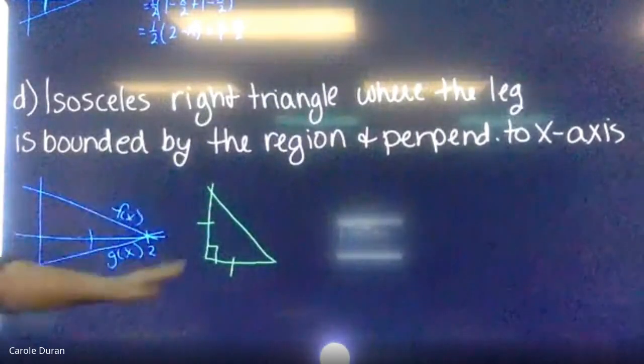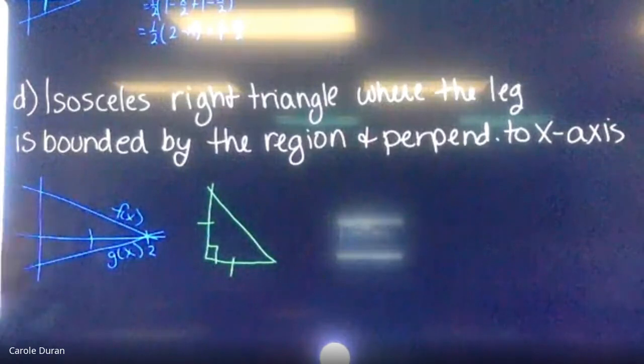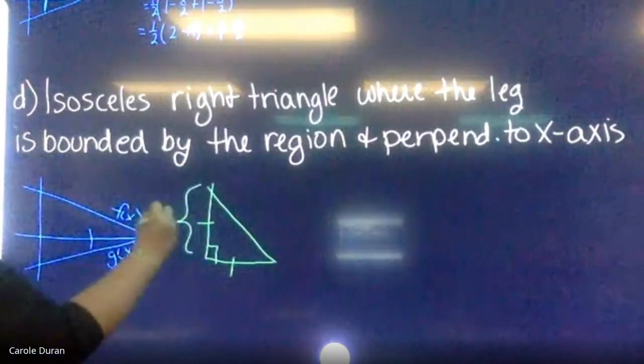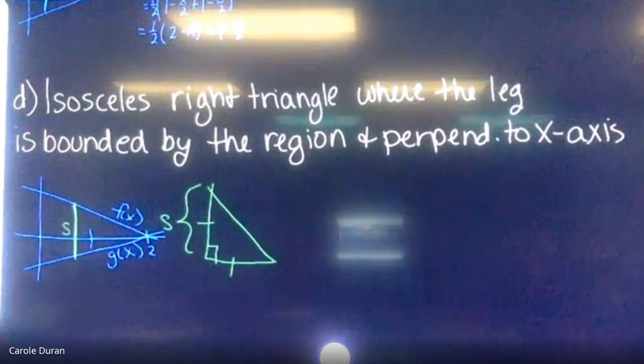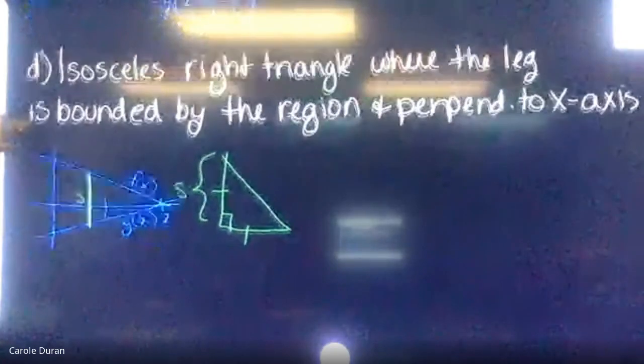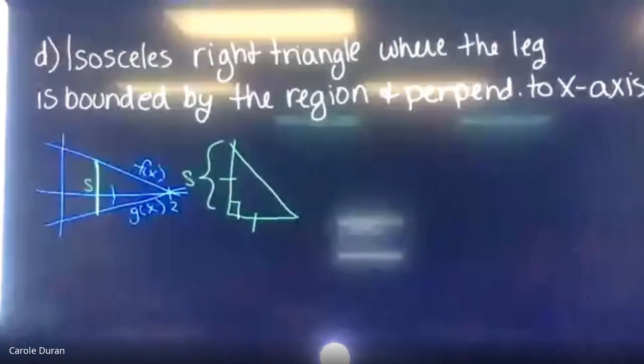So if it looks like this coming from in here, where this is this cross section, how do I find the length of that side S? Where does S exist on this problem? It's f of x minus g of x, right?